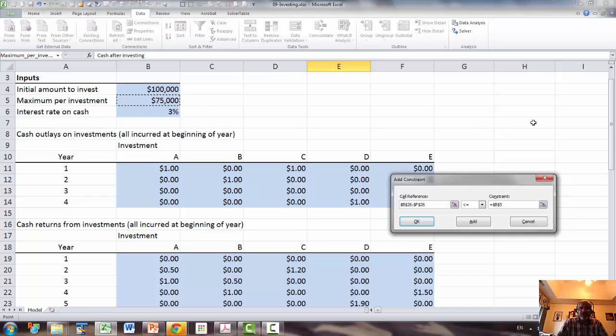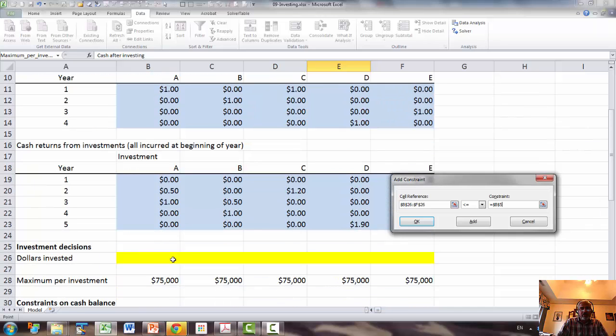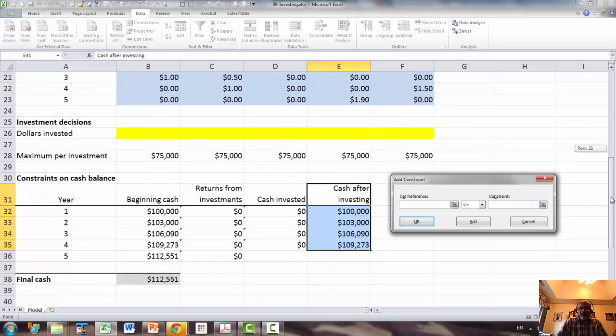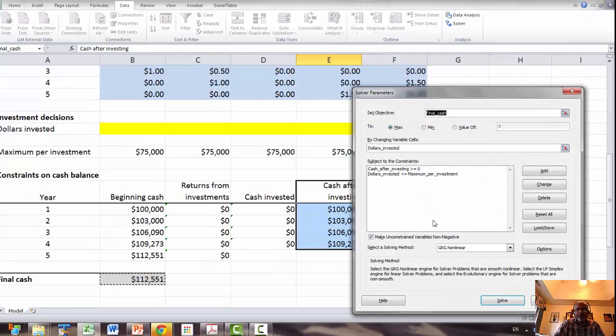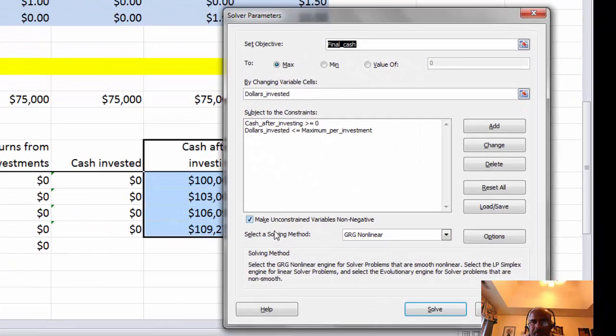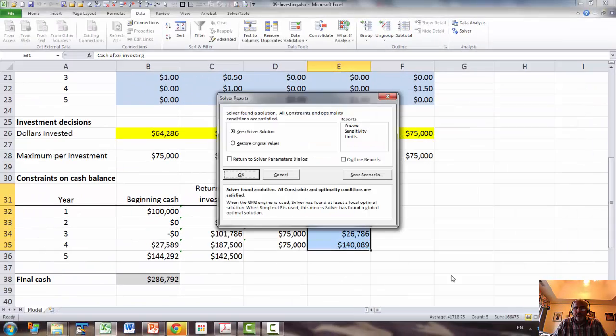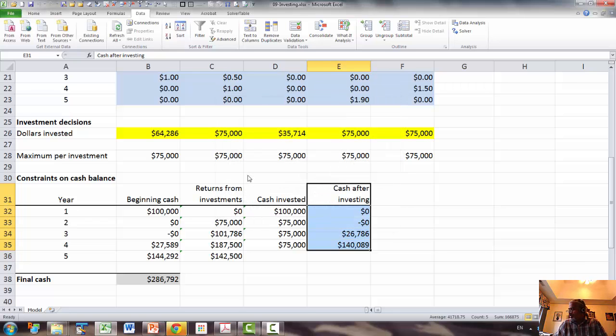I'm using this cell because that's the cell which has all 75,000, just one cell. We didn't name this row, so we'll use that one. And the cash after investing must be greater than or equal to 0. Okay. Now non-negative and simplex LP. We solve, and we have found an answer.